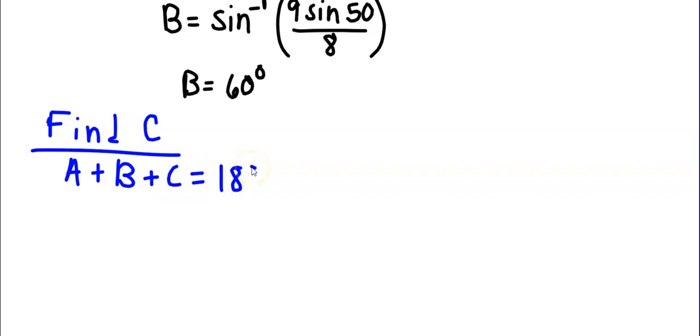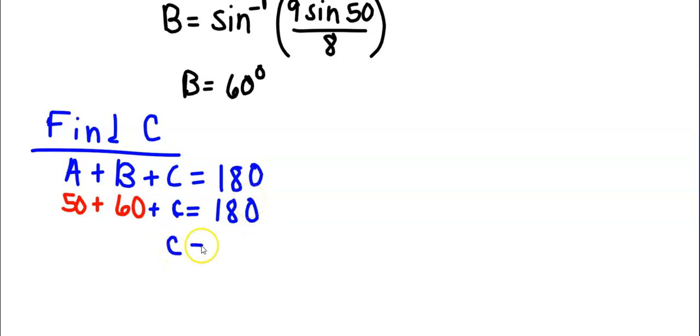So 60 here, 50 here, and everybody should get a quick answer of 70. Sorry, 180. Whoops, not 180. When we work this out, we get C equals 70 degrees. So now we have all 3 angles, and we're missing that last side, side C.